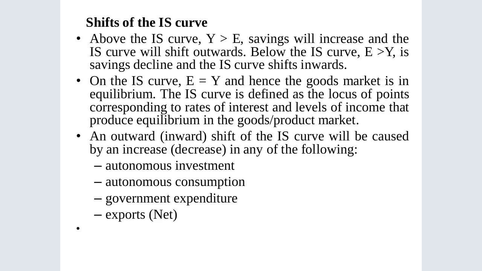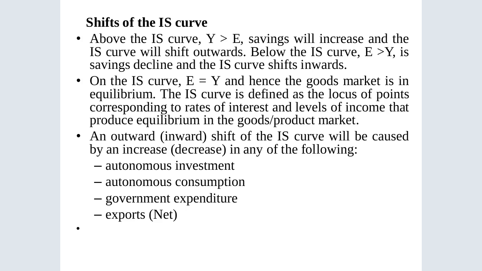If expenditure is less than income, savings will decline and the IS curve will shift inwards. So the change in income and the change in expenditure will lead to a shift in the IS curve.